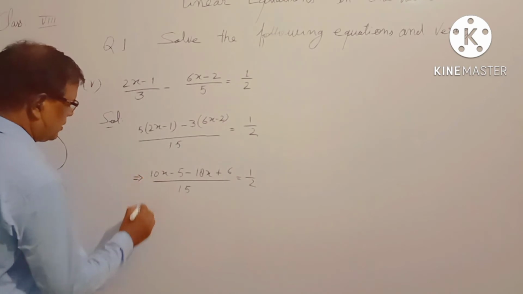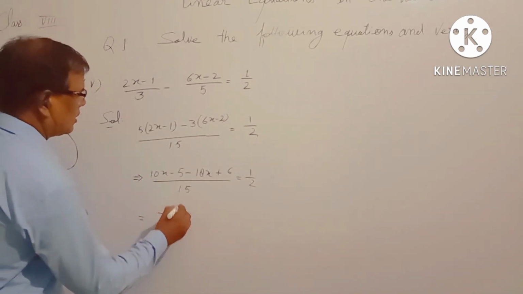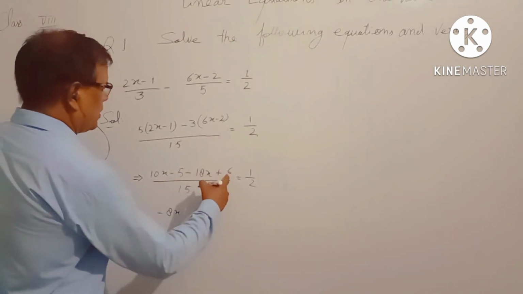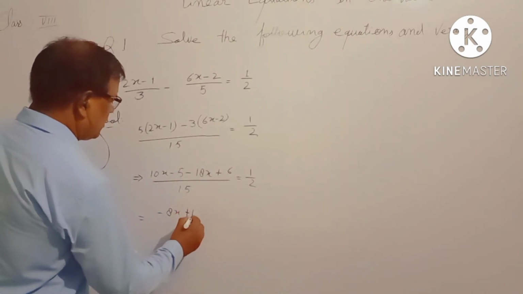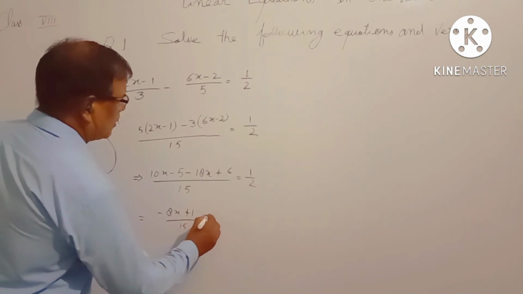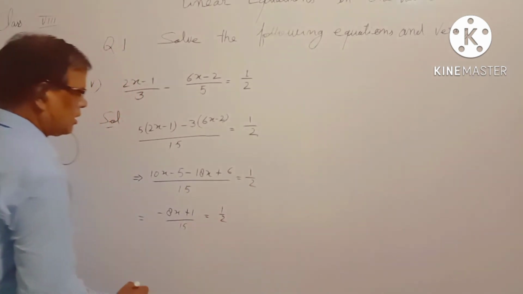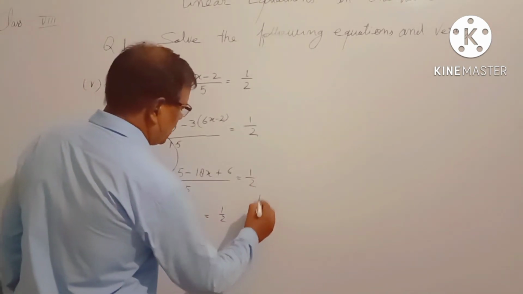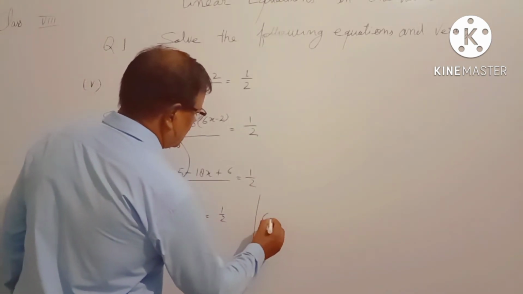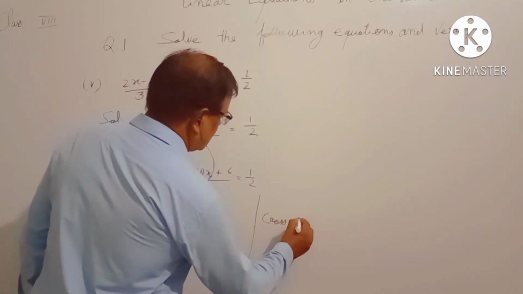Here it will remain minus 8x and minus 5 plus 6. It will be 1, by 15, 1 by 2 by cross product.